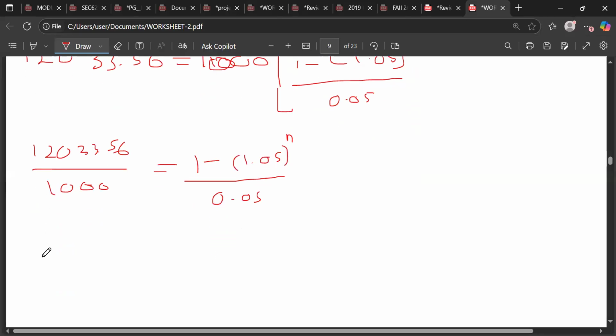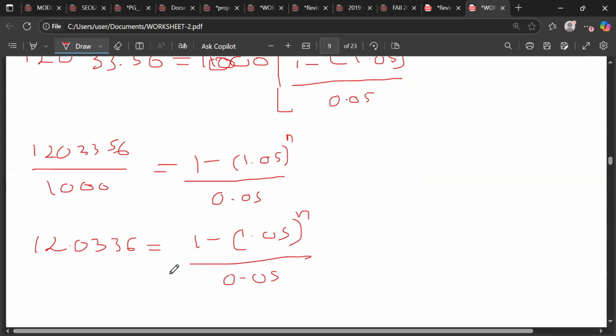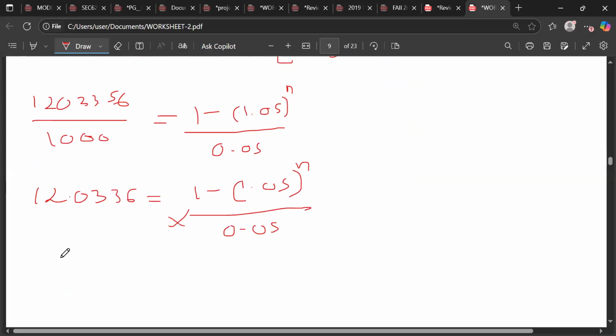This side is giving us 12.0336 is equal to 1 minus 1.05 to the power n over 0.05. So at this point, let's cross multiply here, right?